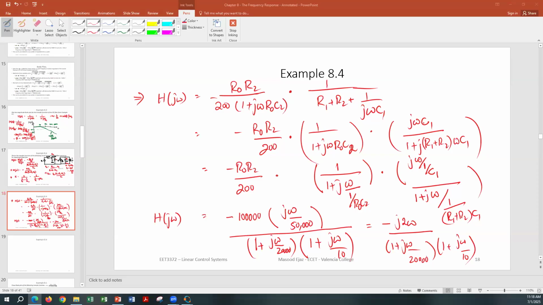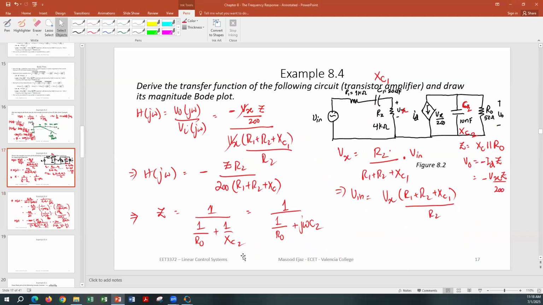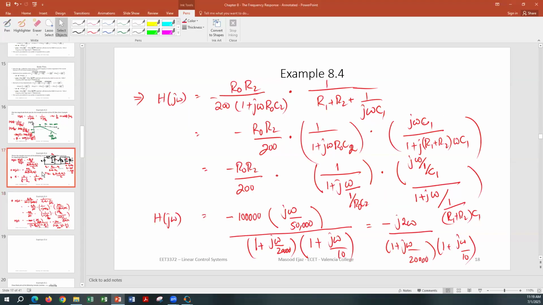It has 1 zero, and it has 2 poles. And I hope my calculation and simplification is correct. If I made a mistake somewhere, we can still do the Bode plot. The process is not gonna change. The values will change if I made a mistake somewhere. I hope I did not, but who knows?